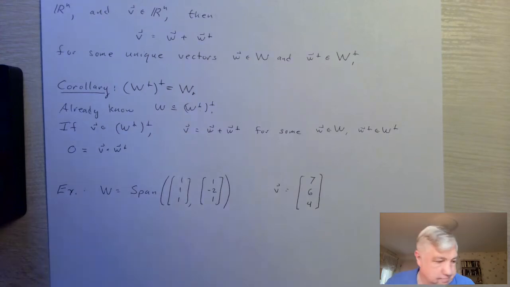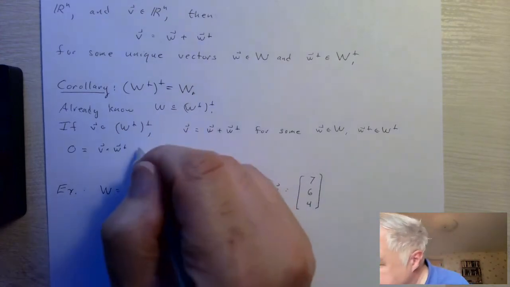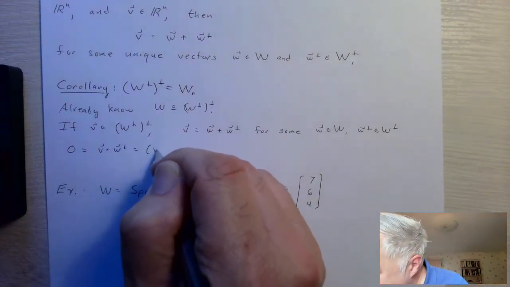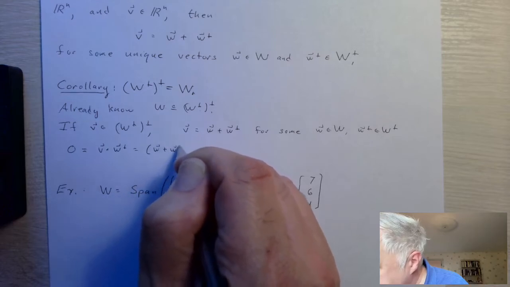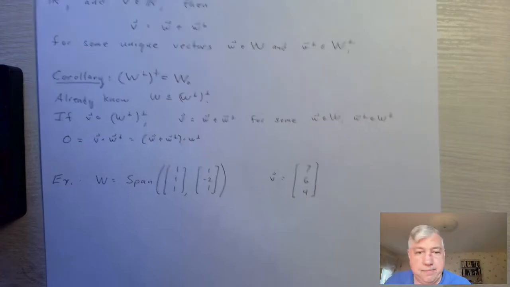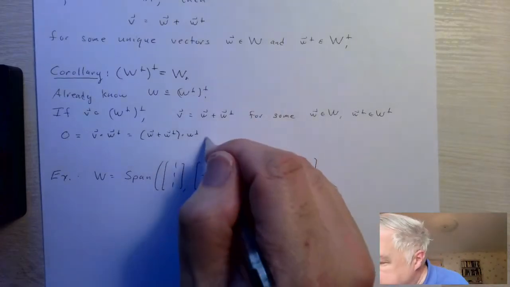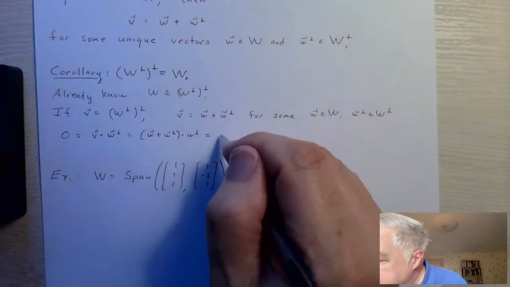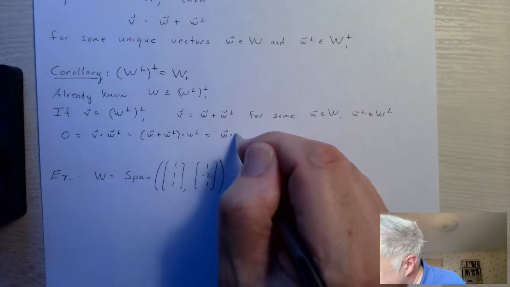Then we can replace V with little w plus little w perp, and you can use the distributive property of the dot product.